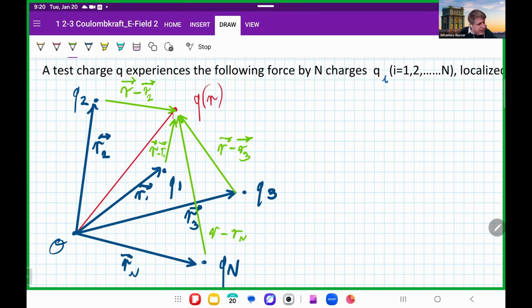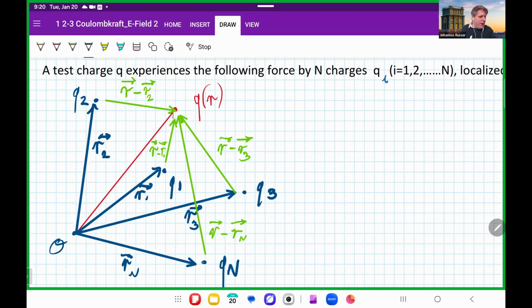So you see, this works for an arbitrary number of charges. The idea is that you calculate the total force acting on this test charge by adding up the contributions of each single charge, using Coulomb's law.